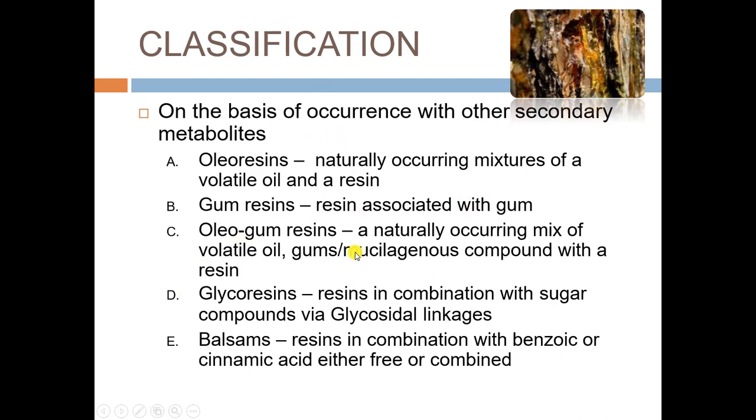Another one is oleogum resins, which are naturally occurring mixtures of volatile oil, gums, and mucilaginous compounds with the resins. Another one is glycoresins. Glycoresins are those resins which are in combination with sugar compounds via glycosidic linkages. And the last one is balsam. Balsam is resin in combination with benzoic or cinnamic acid, either free or combined.